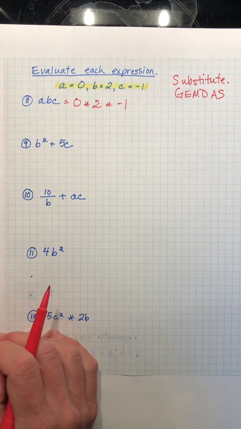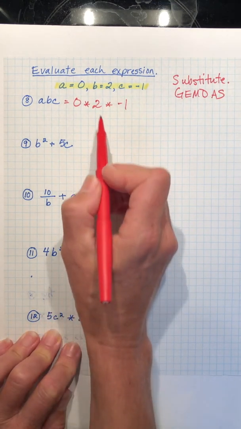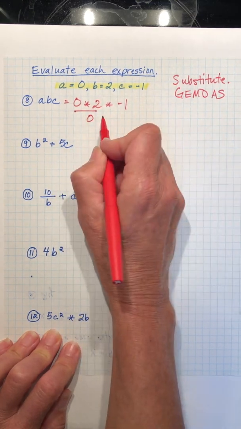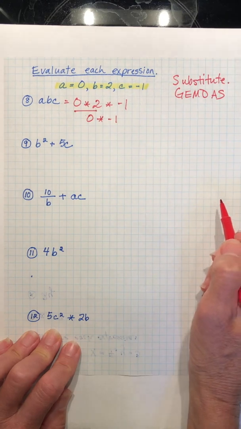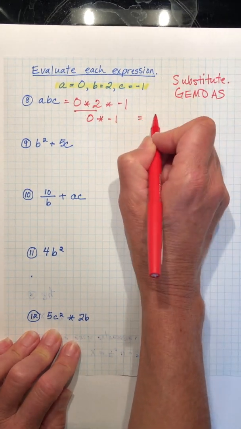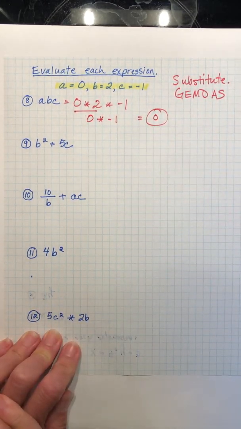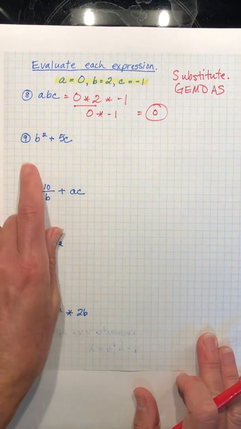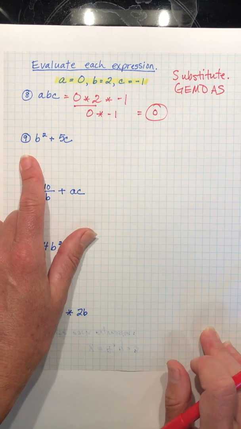I do my multiplication in order from left to right. 0 times 2 is 0 times -1. That all turns out to be 0. All right, let's do another one. So let's look at number 9 now.